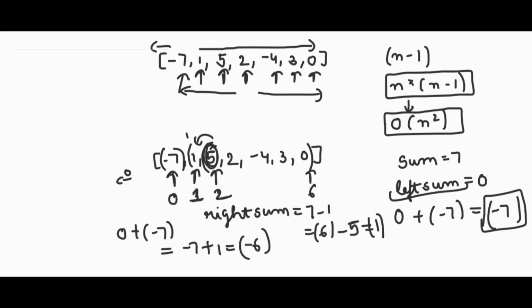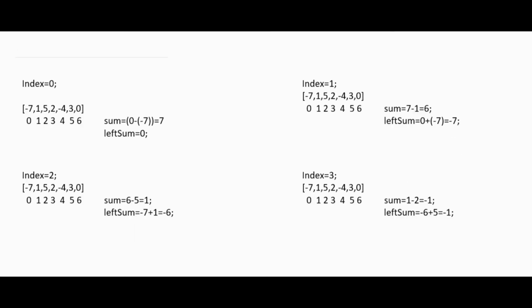Now let's see the complete implementation of this. As we have previously discussed, the right sum will be calculated by subtracting the element at the index we are currently at, and the left sum will be calculated by adding the previous index element. For index 0, our left sum is 0 and our right sum is minus 7, which represents the sum of all these elements. So now this 7 will be used here.